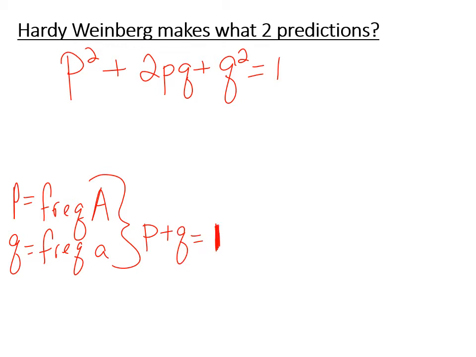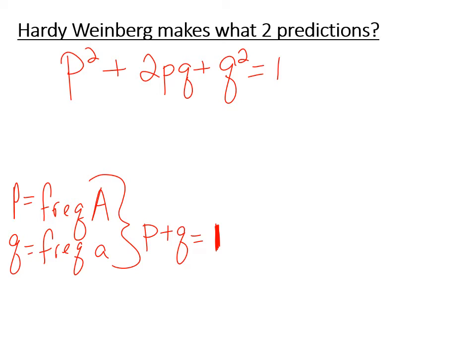Because think about it, in math, when we talked about probability and p-values, 1 is the same as saying 100%. And when you're looking at the different alleles for a genotype, you only have 2 possible alleles per trait. You have the dominant allele and the recessive allele. So the frequency of dominant plus recessive has to equal 1 because there's no other allele option here.